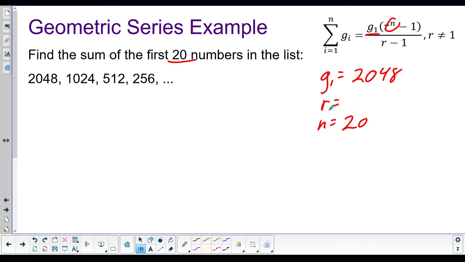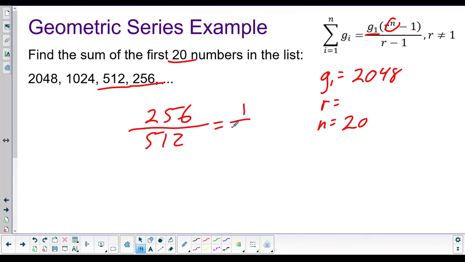So let's go find R. Let's just take any number in the list. Let's use the smallest ones. 256 divided by the number before it, 512. This reduces to 1/2. So we're dividing by 2 each time or multiplying by 1/2.